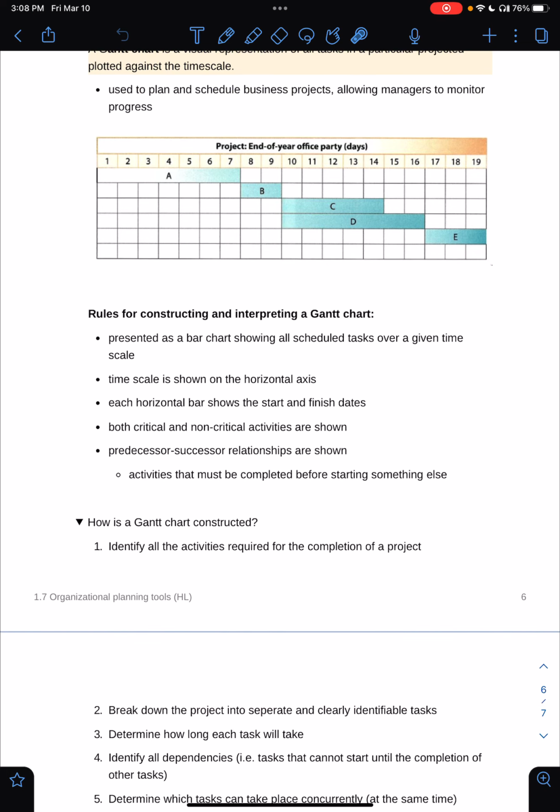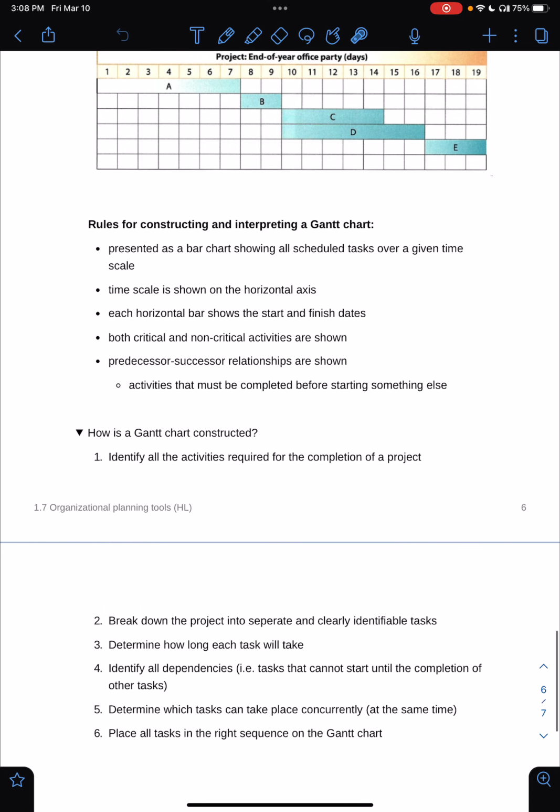And each horizontal bar shows the start and finish dates. So for example, task A starts on the first day and ends on the 7th day, whereas task B starts on the 8th and ends on the 9th day. But it also shows critical and non-critical activities, and also the relationships between predecessors and successors.